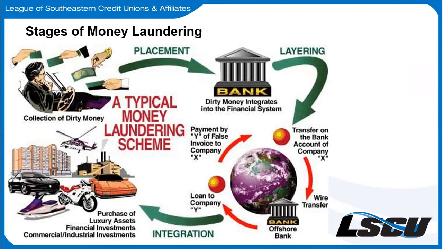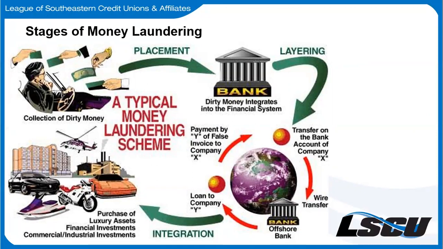So no matter what crazy, criminal, creative way they may use, they then want to place that money into the financial system. So they'll use a variety of layering techniques, which you can see a few examples of across this globe here, including wire transfers, offshore bank accounts, loans from a fake company, or payment of a false invoice, but also smaller items such as structuring and even microstructuring of transactions to avoid reporting requirements.